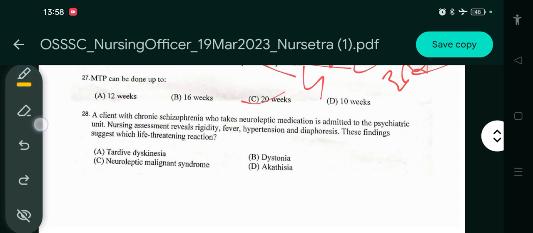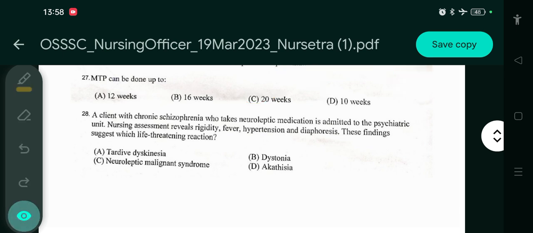But according to the updated guideline, the MTP amendment of 2021, MTP can now be done till 24 weeks of pregnancy, except in case of contraceptive failure, where MTP is done till 20 weeks only. In case of severe congenital anomalies of the fetus, there is no upper limit, but a board of 4 members is required: gynecologist, radiologist, pediatrician, and a person assigned by the court.